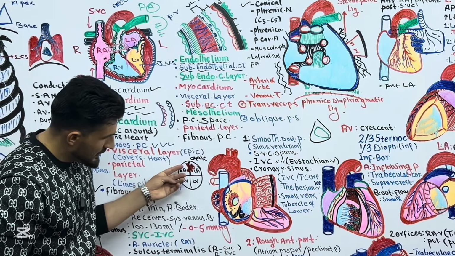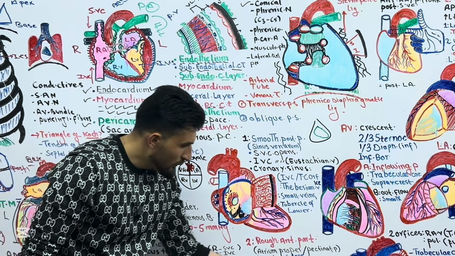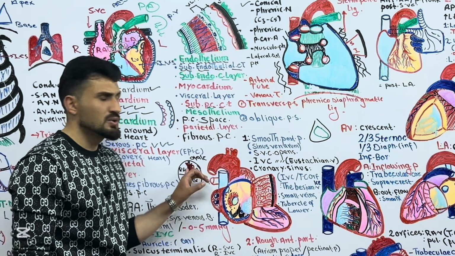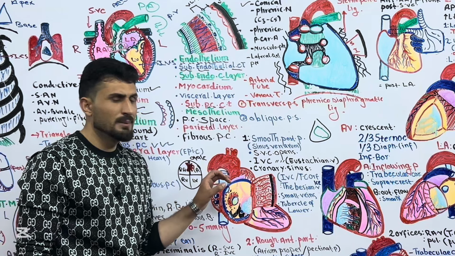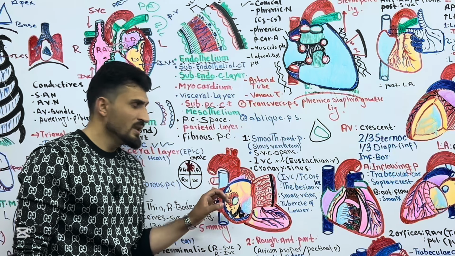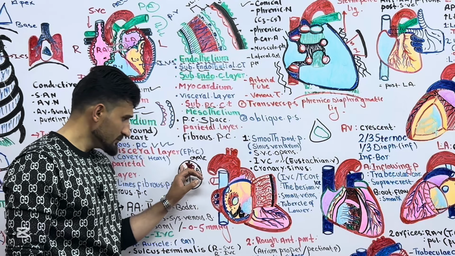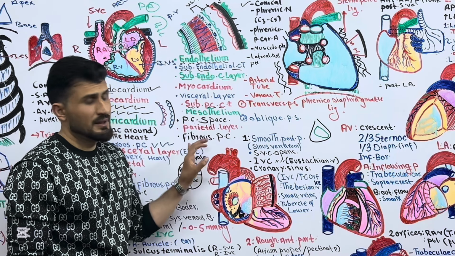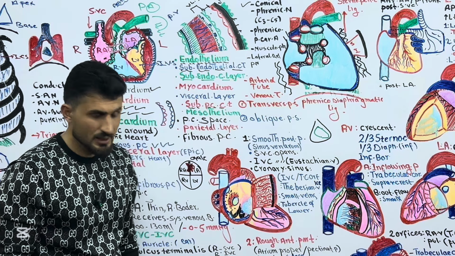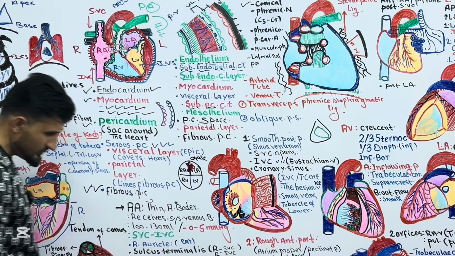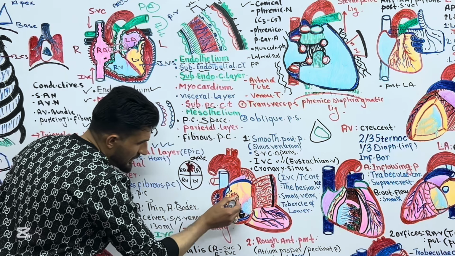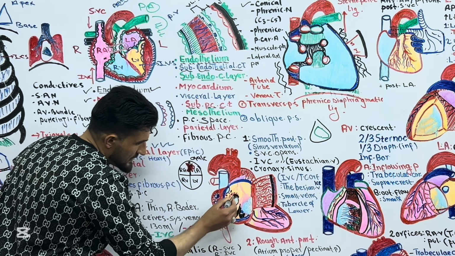I'm not going deep into the foramen ovale because it's made of two septa, the septum primum and the septum secundum, and this will be closed by the septum secundum. The remaining part here is an overlap of the septum secundum.